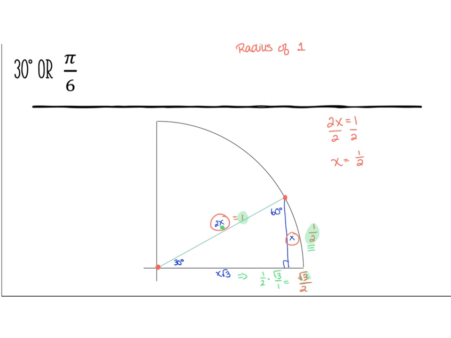So now in this 30, 60, 90 triangle, we found the length of these three sides. We found that the height of the triangle, which was originally our x side, but the height we know is actually our y value. The height is 1/2.